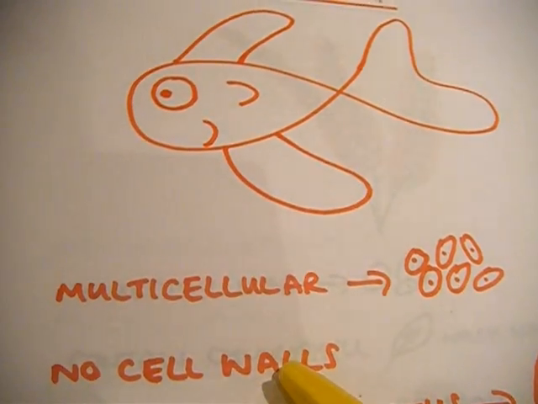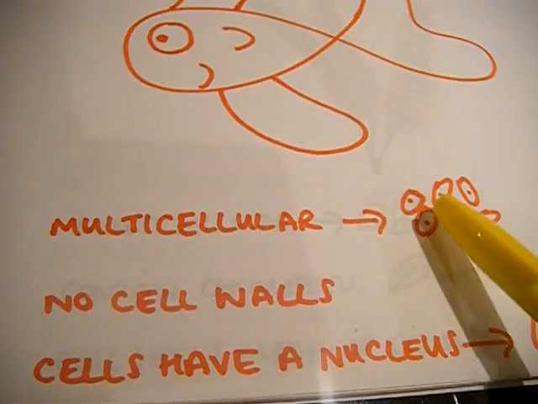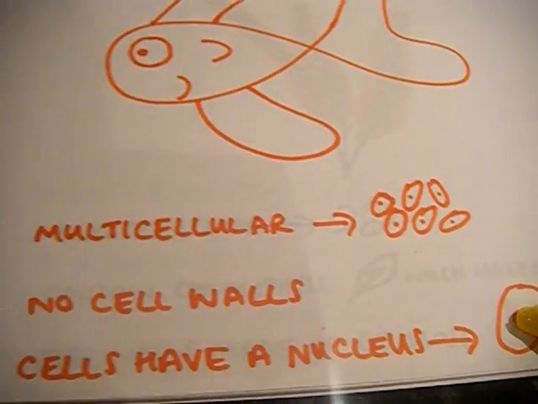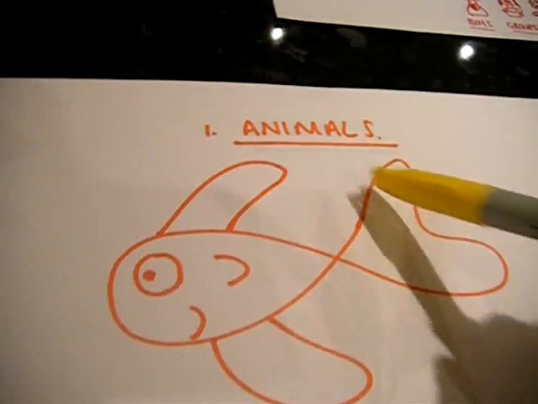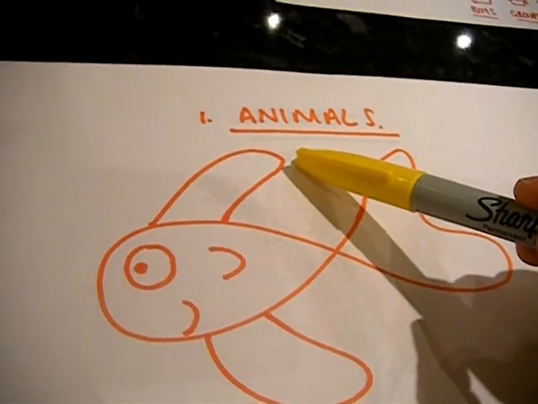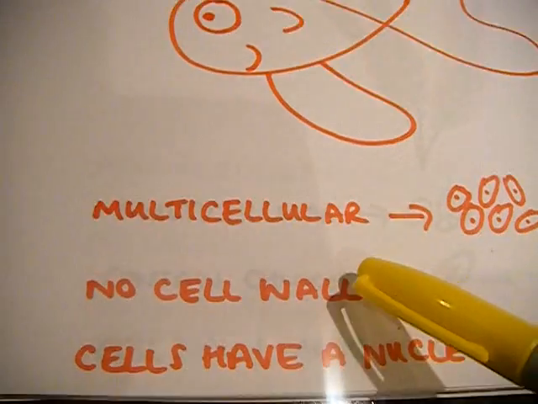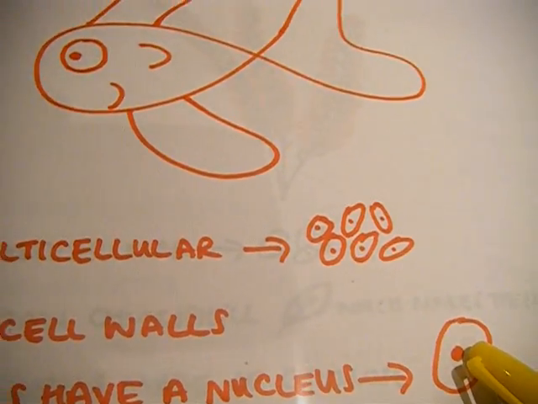They're multicellular, they don't have cell walls, and finally, all their cells have in them a nucleus. And the nucleus is like the brain of the cell. It contains all the genetic information that make up this animal. So that is kingdom number 1, the animal kingdom. Multicellular, no cell walls, and the cells have in them a nucleus.